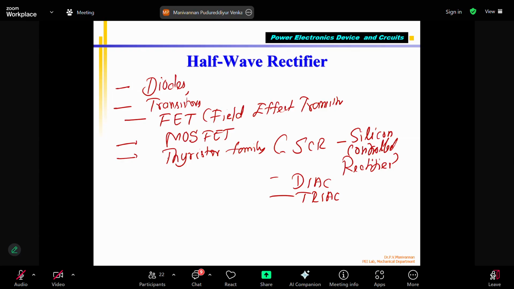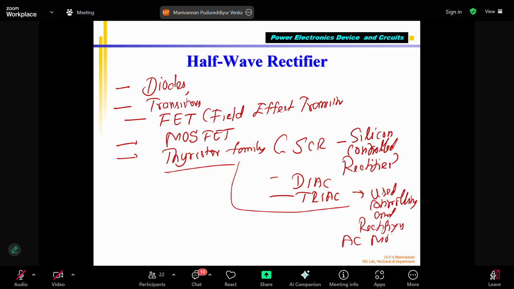These three, the thyristor family, are generally used for controlling and rectifying AC motors and AC power supplies. Rectification, we'll see what it is. Mainly we are going to see our SCR and the advanced versions, diac and triac.